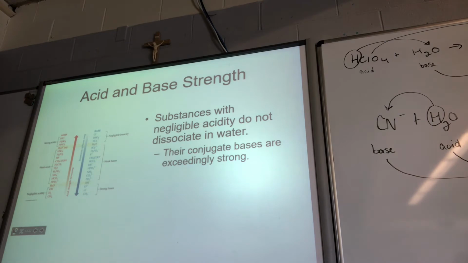All right. If your thing is not acidic, it's not going to dissociate. It's the definition of not being an acid. If it doesn't dissociate, it's barely an acid. Why we're calling it an acid in the first place is confusing. A lot of times this is because that definition of acid applies in more ways than just proton donor. For our purposes, we're focusing on proton donors as acids.